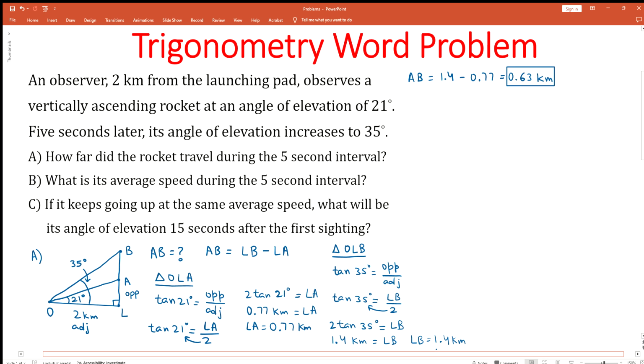Now we can answer part B. What is its average speed during the 5-second interval? For part B, we should use the formula for average speed. The formula for average speed is speed equals distance over time.